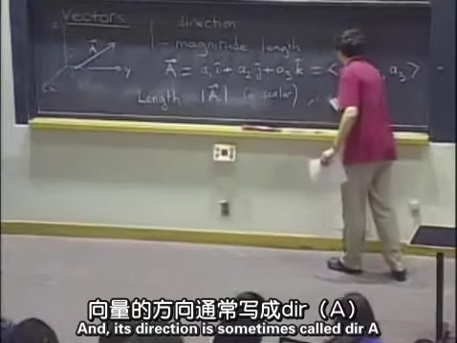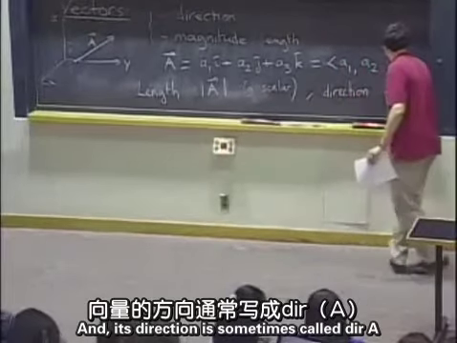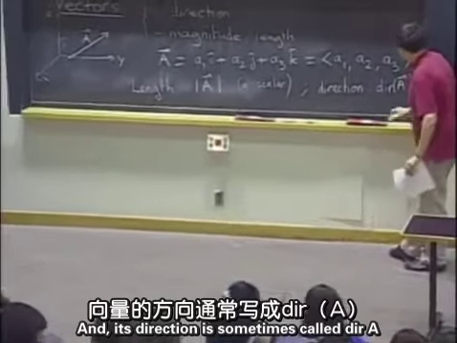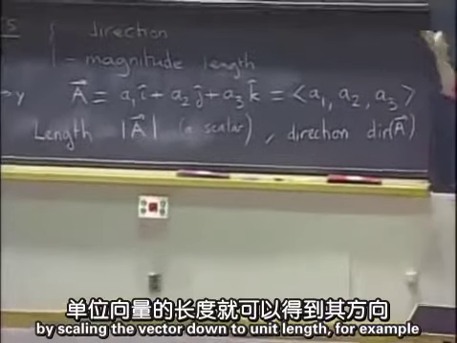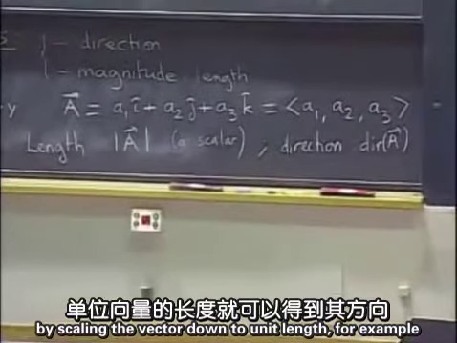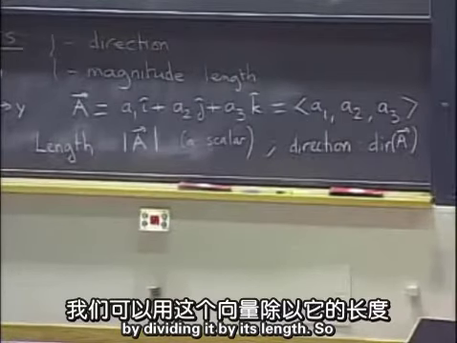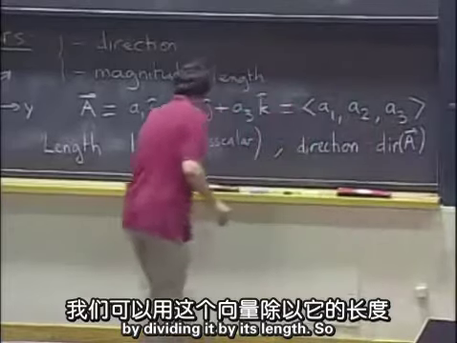And its direction, sometimes called dir of A, can be obtained just by scaling the vector down to unit length, for example, by dividing it by its length.